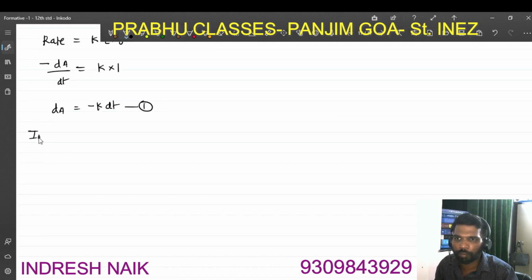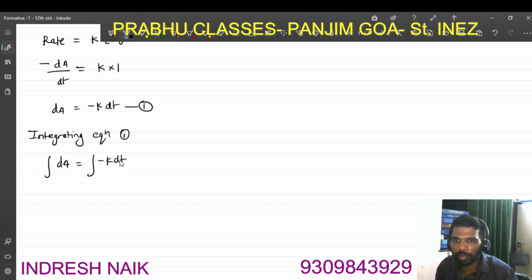Integrating equation 1. So the integral of dA is equal to the integral of minus k dt.